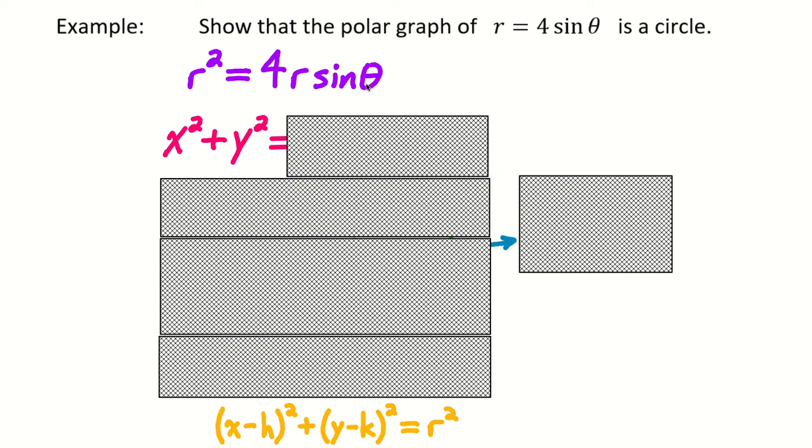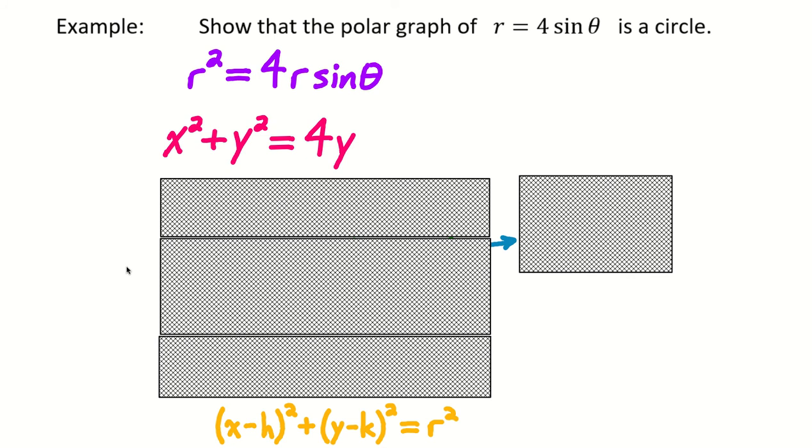And then this r sine of theta chunk, you can switch out with just y, because y equals r sine of theta. And now you're cooking. Now this is rectangular in nature and not polar. But now you have to keep messing with it until it's in this form. So here's what we've got to do.